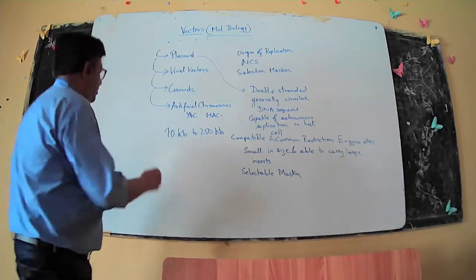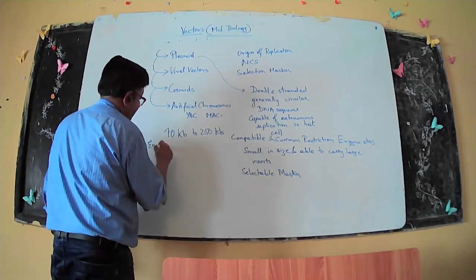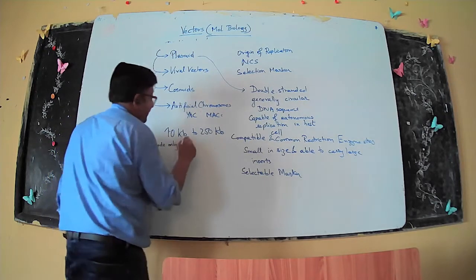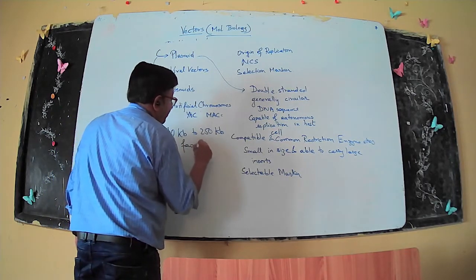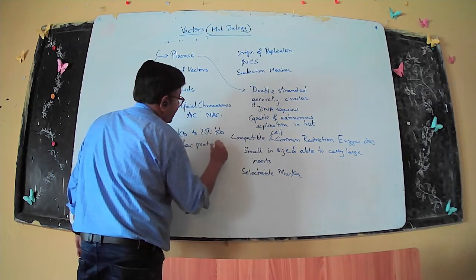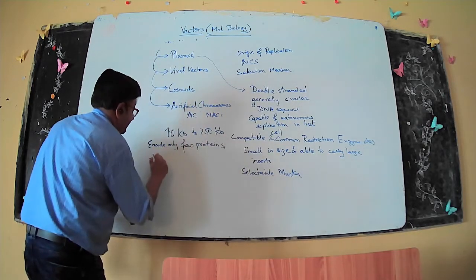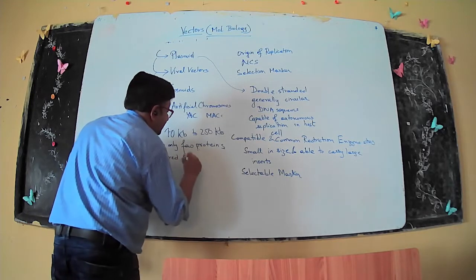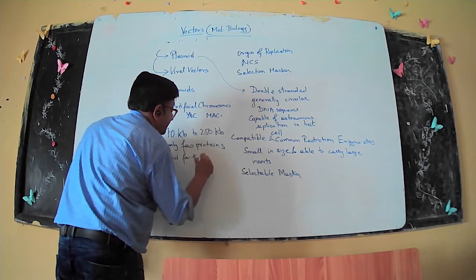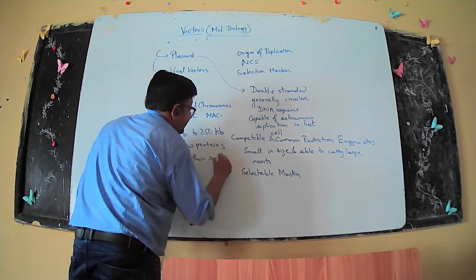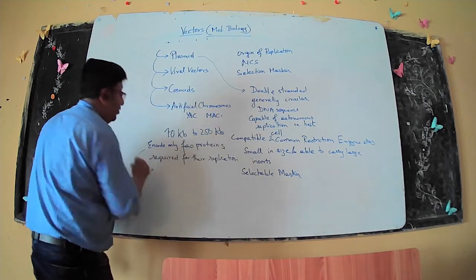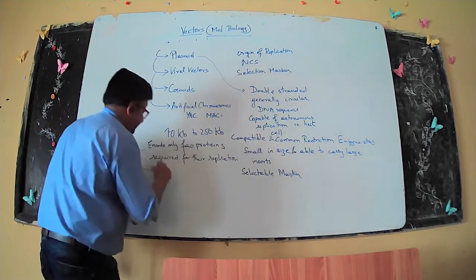They encode only a few proteins required for replication, and they are located near the Ori sequence.